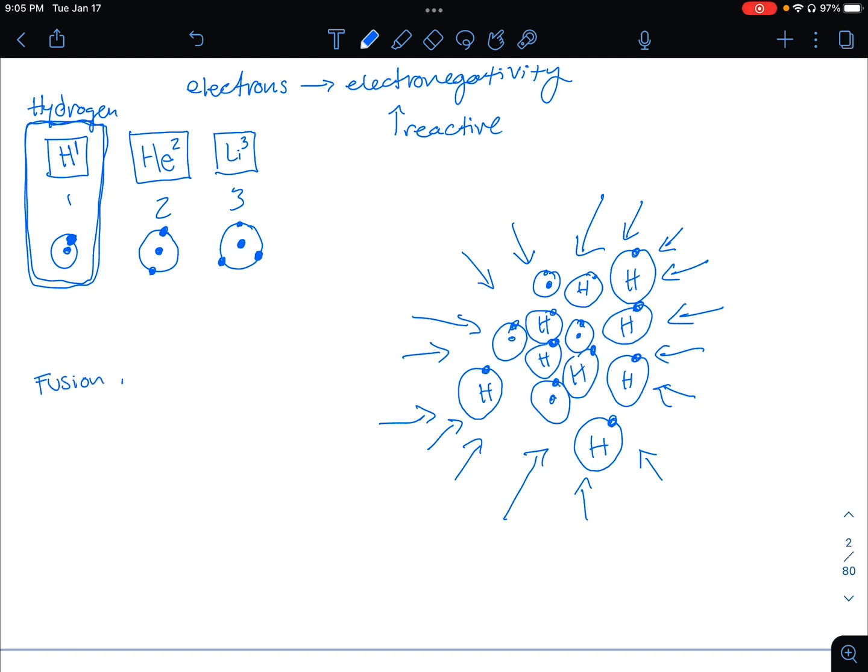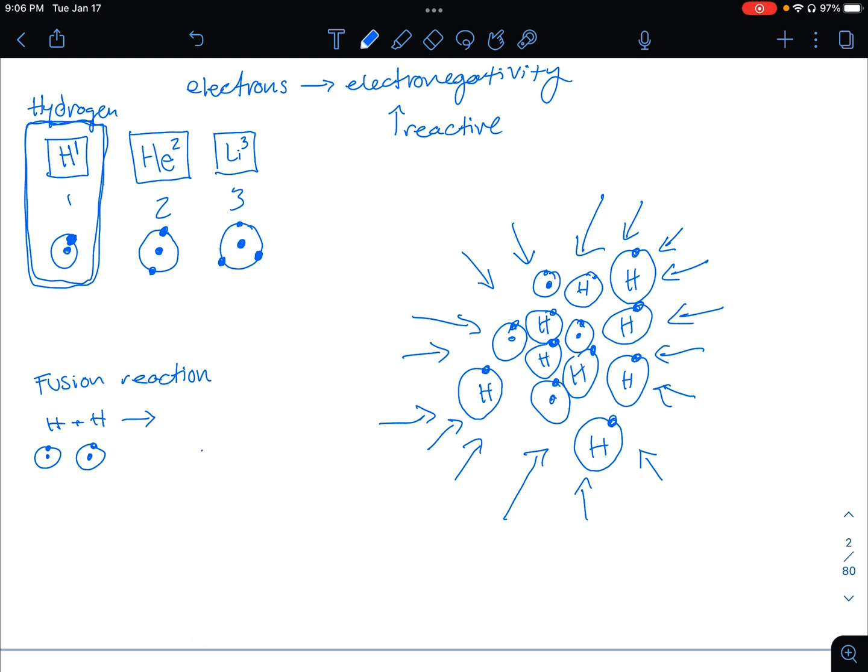A fusion reaction occurs when there is enough pressure put on two atoms that it is actually going to cause them to fuse together. They become one thing. So we take a hydrogen and a hydrogen and we fuse them together. So we are taking a single electron atom and a single electron atom.